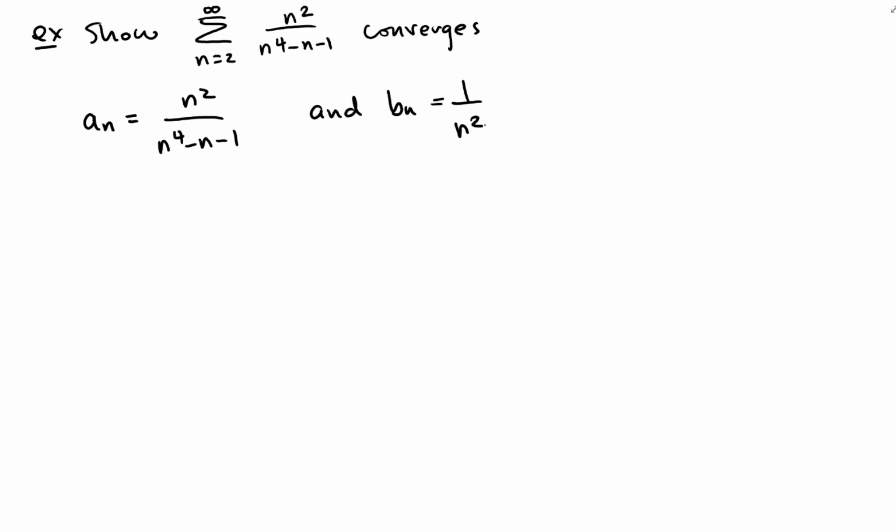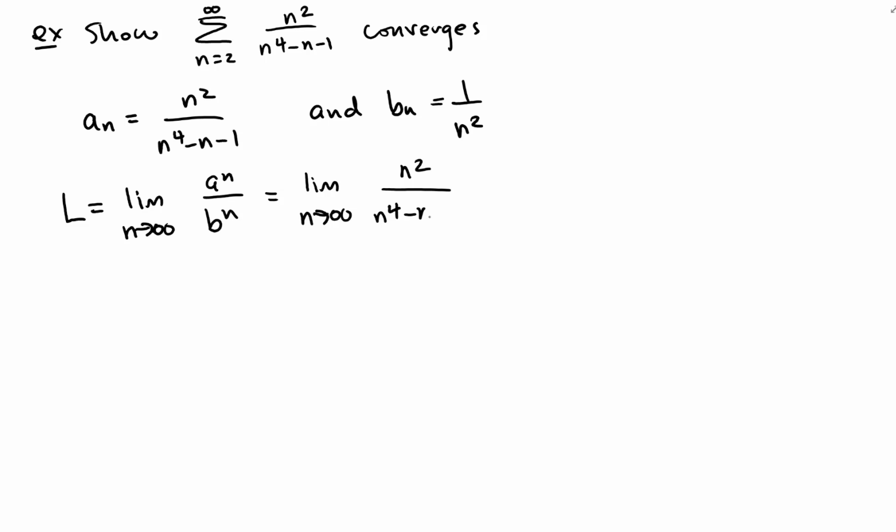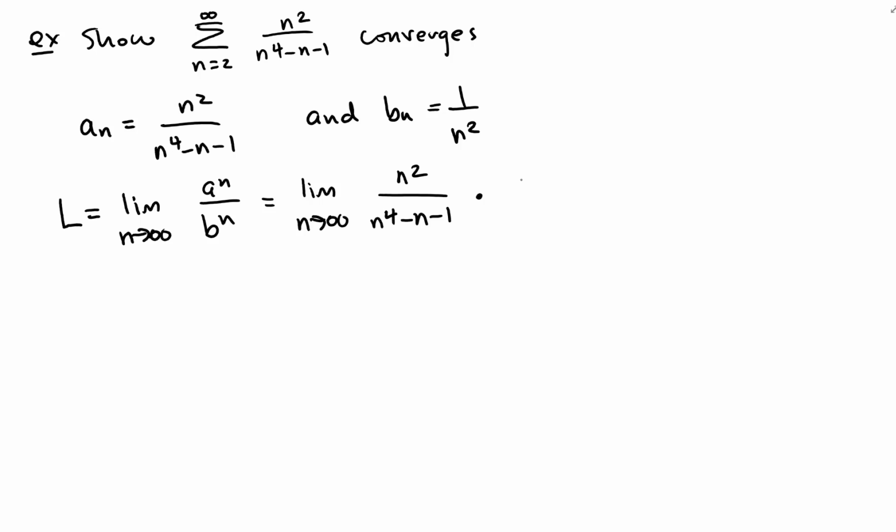We'll try 1 over n squared, and so L would be the limit as n goes to infinity of a sub n over b sub n. So the limit as n goes to infinity of n squared over n to the 4 minus n minus 1 times, and then since it's divided by b sub n, it's times n squared over 1.